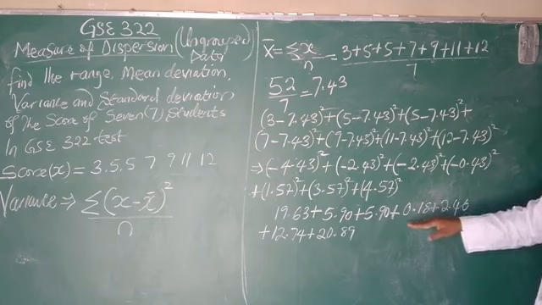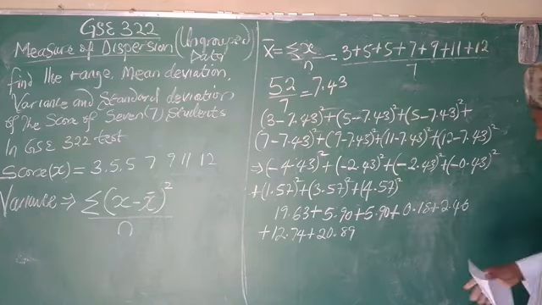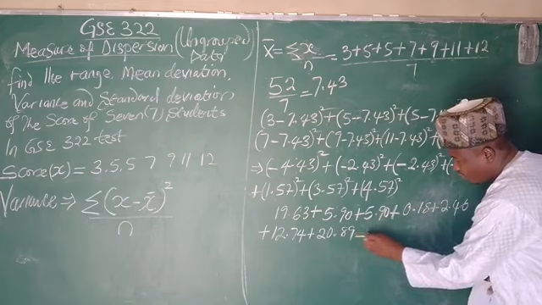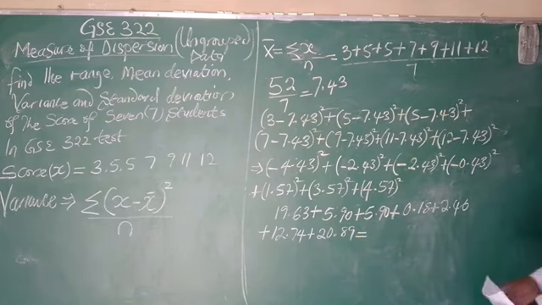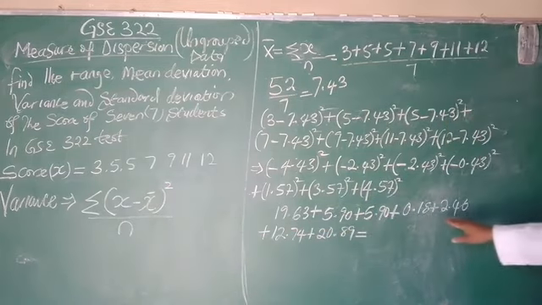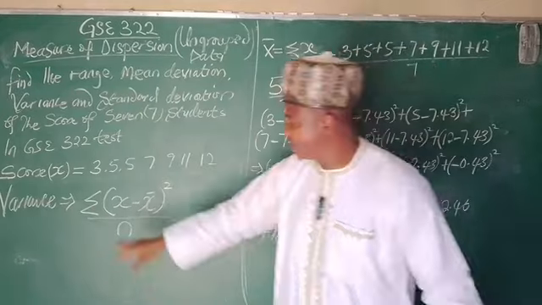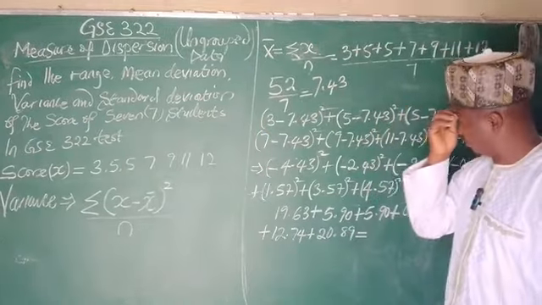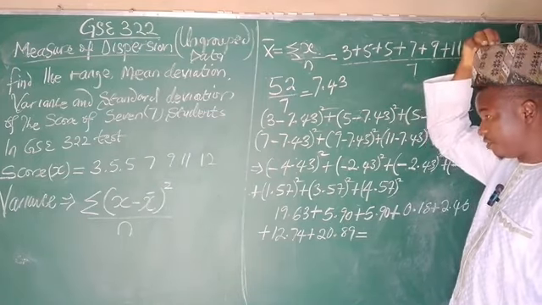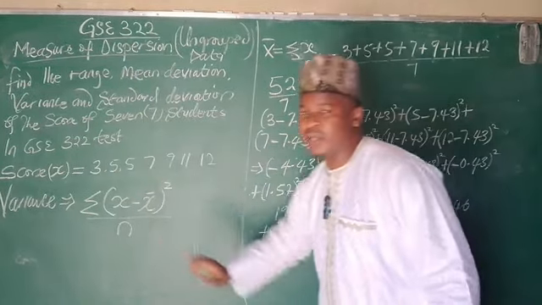So now, having arrived at this point, then what do we do? We have to sum all this. Now we have finished with this. What next is the summation. Then when we finish summing up, we divide by the number.